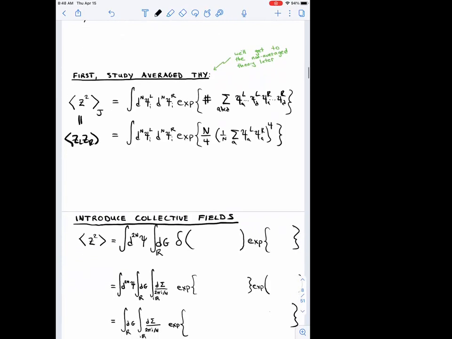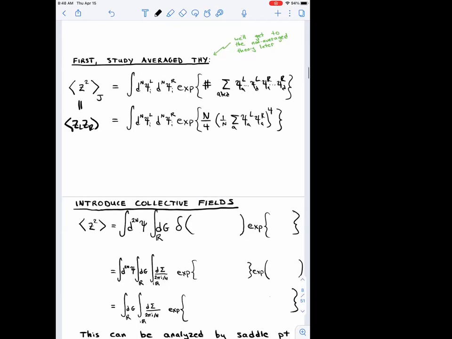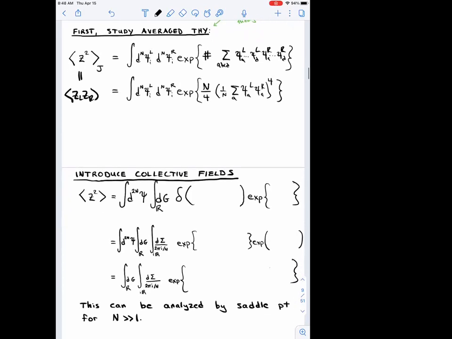And we're now going to introduce the trick that people use in studying the SYK model. It underlies the correspondence between SYK and a bulk theory. And here we're going to see this trick in a very, very simple setting. So here's how we do it. We compute the previous line by doing the following.